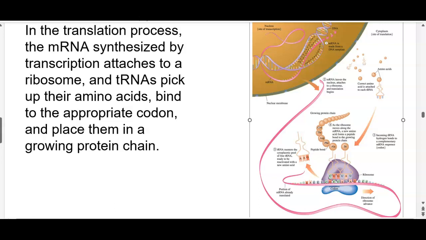Remember, the transfer RNA has an anticodon, so they bind to the codon on the messenger RNA, and two of them get lined up. Then an enzyme will form a peptide bond between those two adjacent amino acids, and then the ribosome will keep moving on.